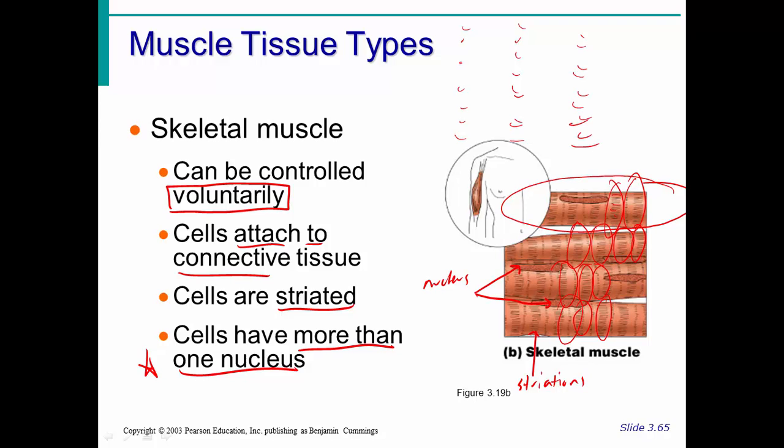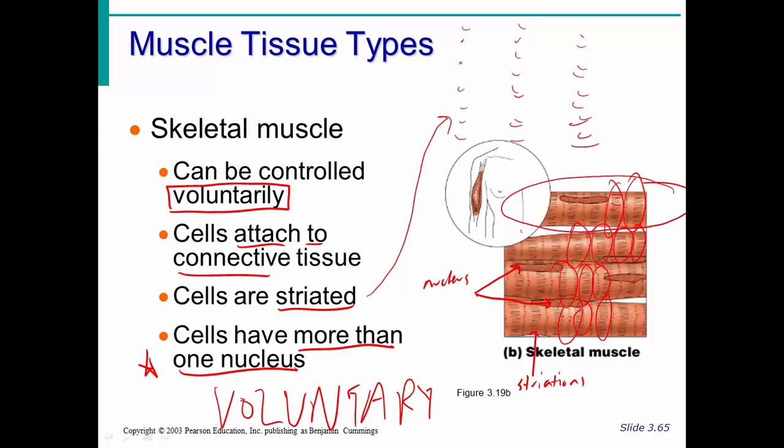That's what those bands are called. And then they often have more than one nucleus. If you're in here right now, I'd ask you why, or it might be a poll everywhere question, why you think they have more than one nucleus. It's because, remember, that it is the only tissue type in the human body that is voluntary. Multiple nuclei help coordinate impulses from the brain to tell the muscle cells what to do. Muscle fibers and muscle cells are the exact same thing.